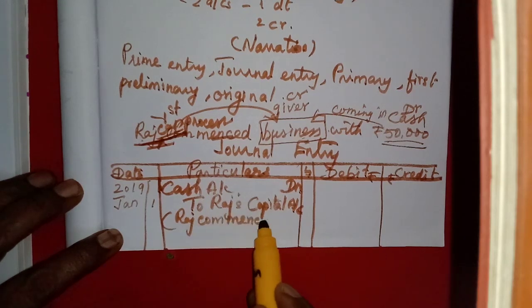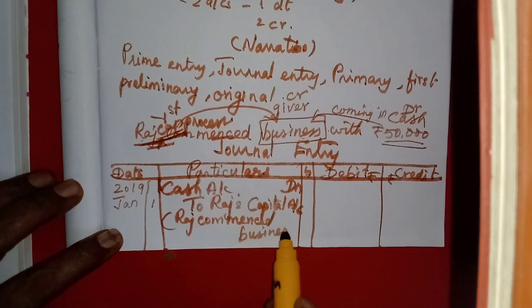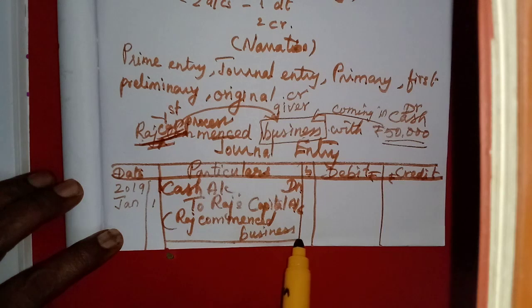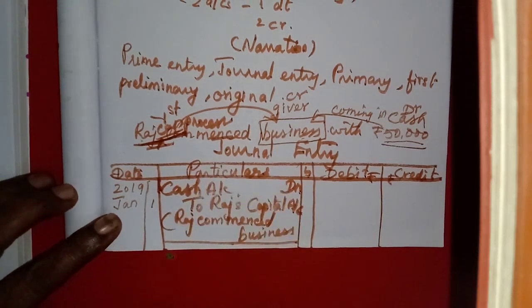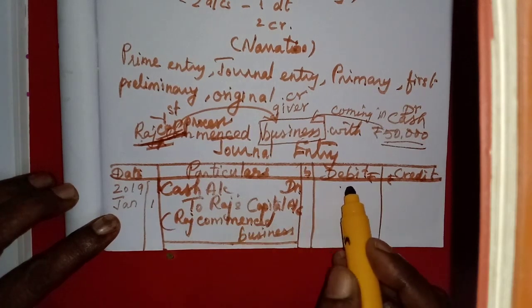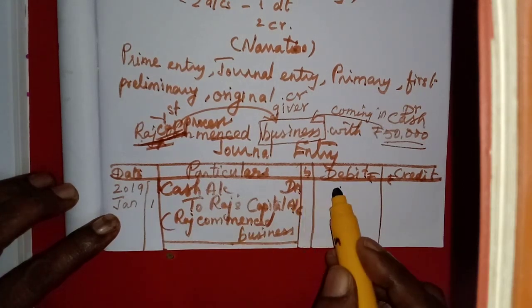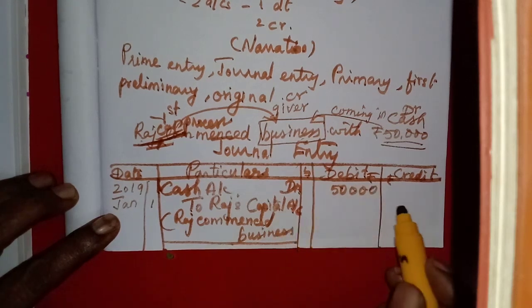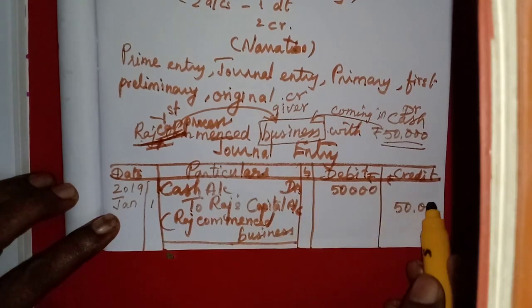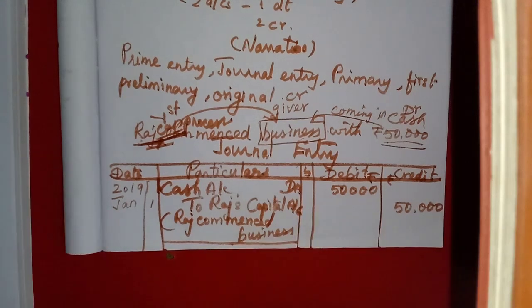This is called narration. After each and every journal entry, we should leave one line or draw one line in the particulars column. Now we have to write the amount: 50,000 debit, straight to this one. Here credit 50,000. Now you see both are equal.